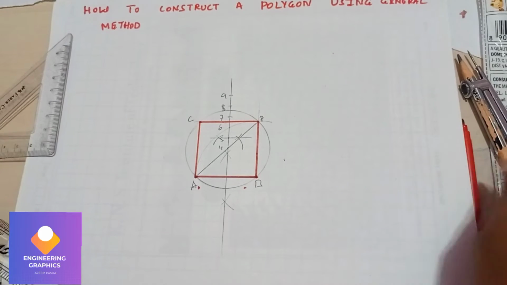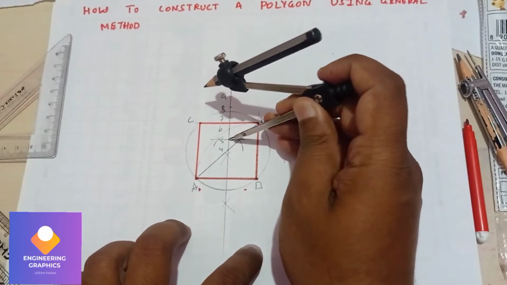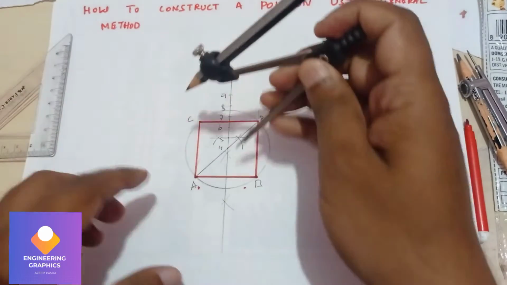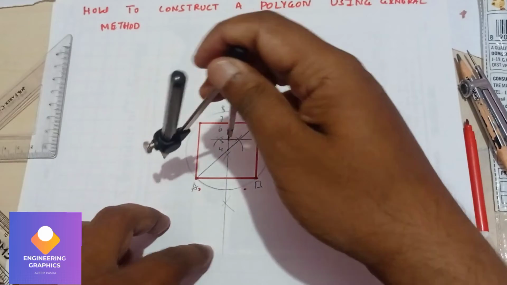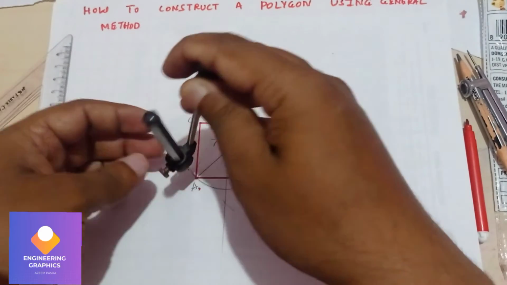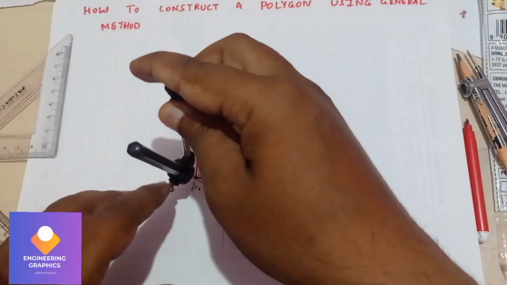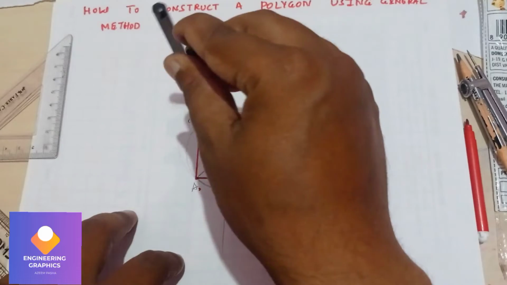Now the same way we construct the pentagon. To construct the pentagon we need to measure the length from 5 to A, keeping at the point 5, measuring the length till A. Draw an arc.